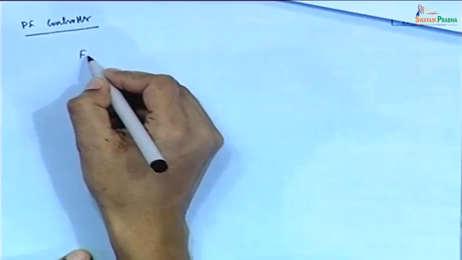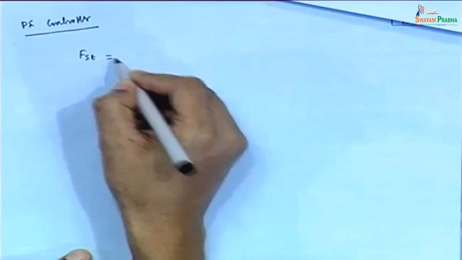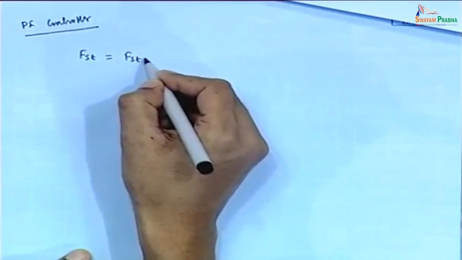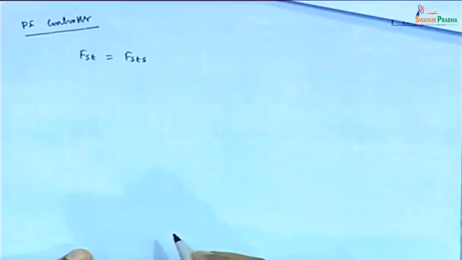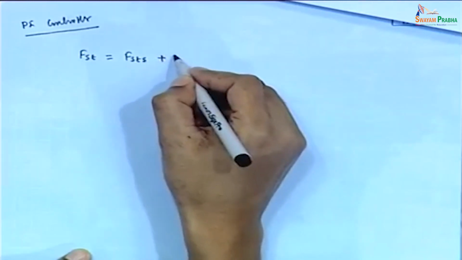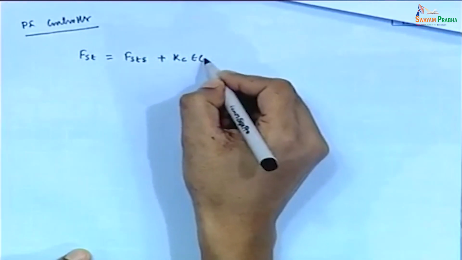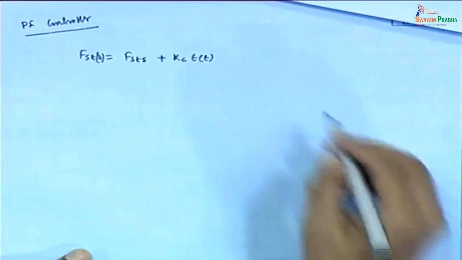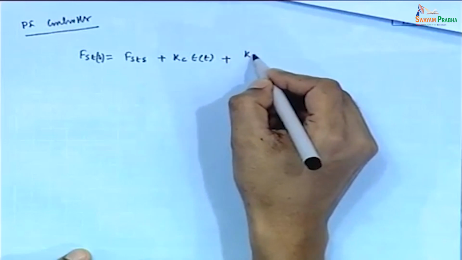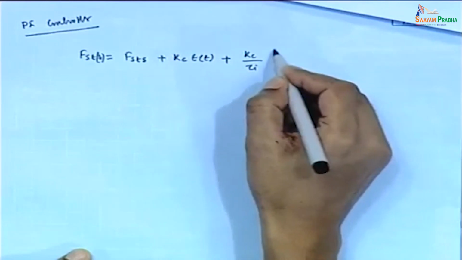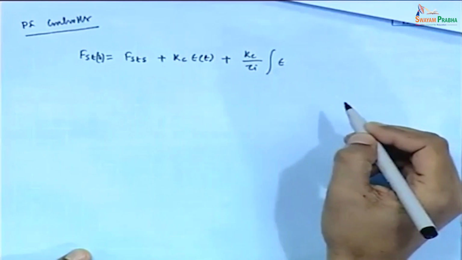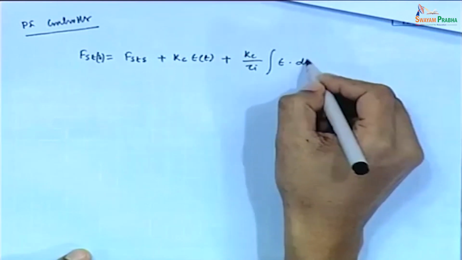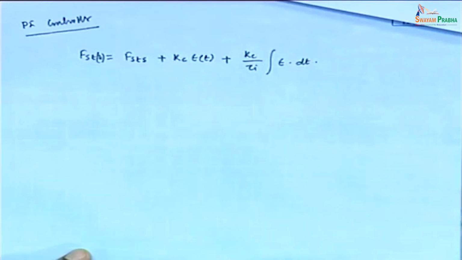If we see the controller equation, Fst equals Fst,s plus proportional term Kc epsilon(t) plus integral term, that means Kc divided by tau I integration of error dt.